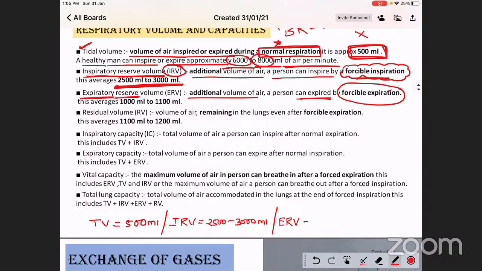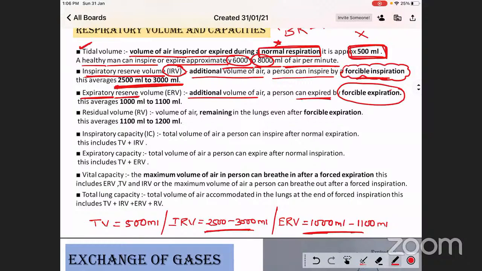That is around 1000 to 1100 ml. This is the ERV. So you can expire this much additional, or inspire that much additional. We have completed these three important volumes.